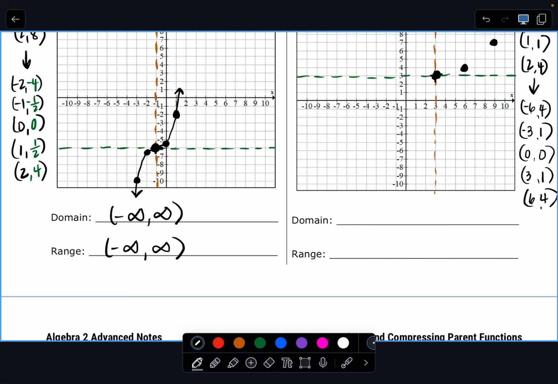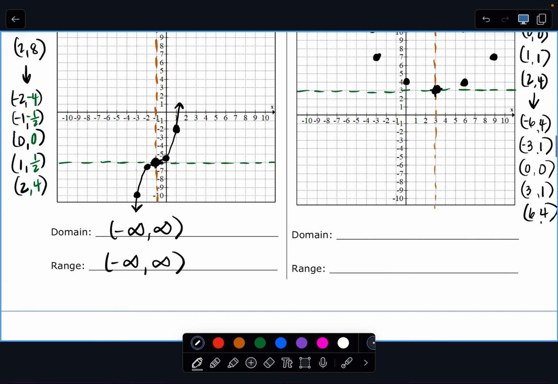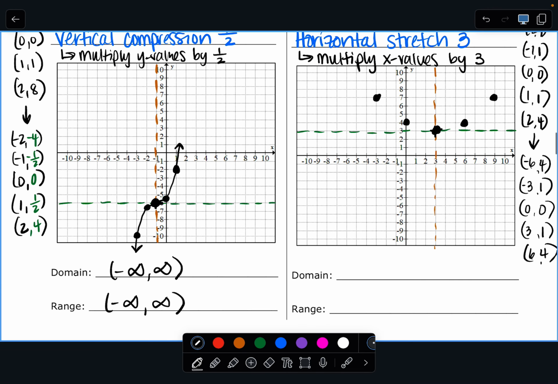So if you can graph one side, you should be able to graph the other just by having it mirror what's on the other side. So I know I have to go left 3, up 1, left 6, up 4. And you should get a parabola that kind of looks like it was stretched out on the x-axis.